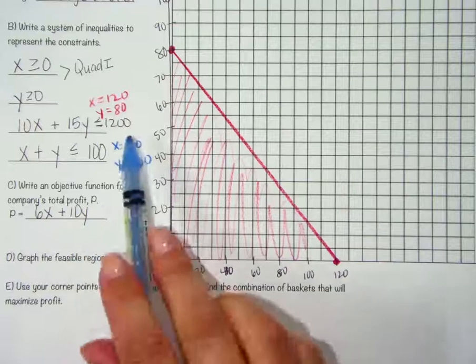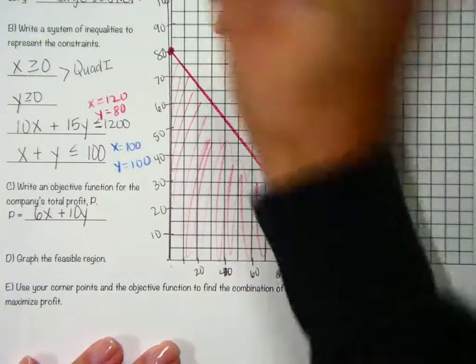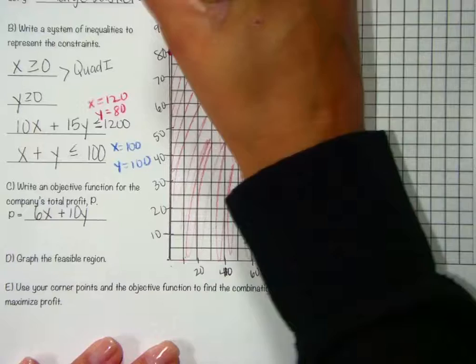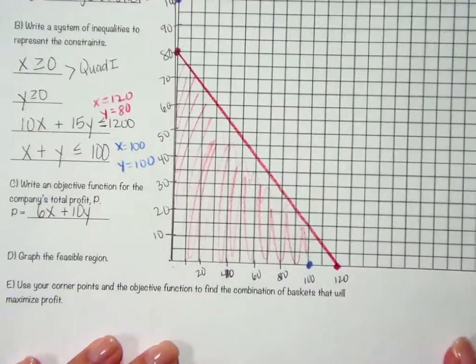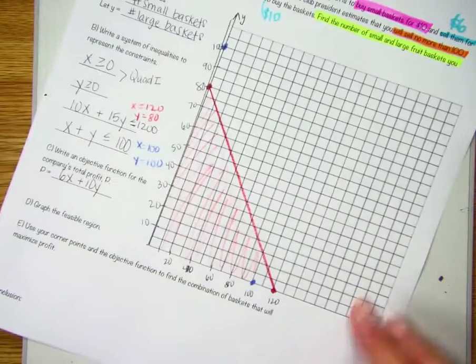For the second inequality, both x and y intercepts are 100. So you can plot both of those. And then using those intercepts, draw on your line.